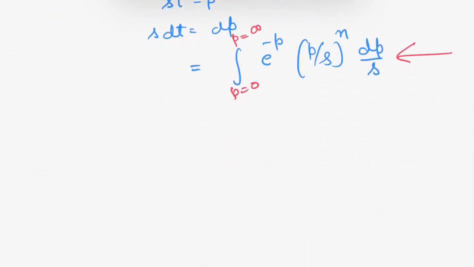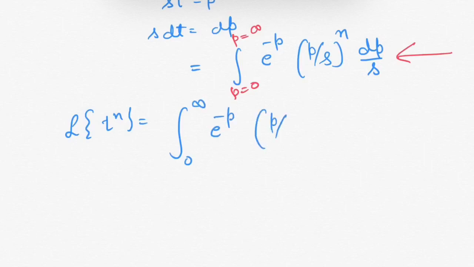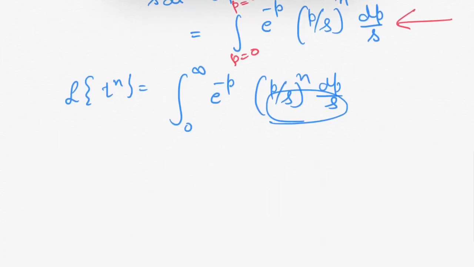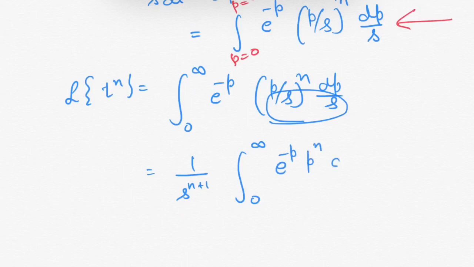Hence Laplace transform of t raised to power n equals 0 to infinity e raised to power minus p, p over s raised to power n dp over s. Now taking this s outside the integration sign, it will be 1 over s raised to power n plus 1 integration from 0 to infinity e raised to power minus p p raised to power n dp.